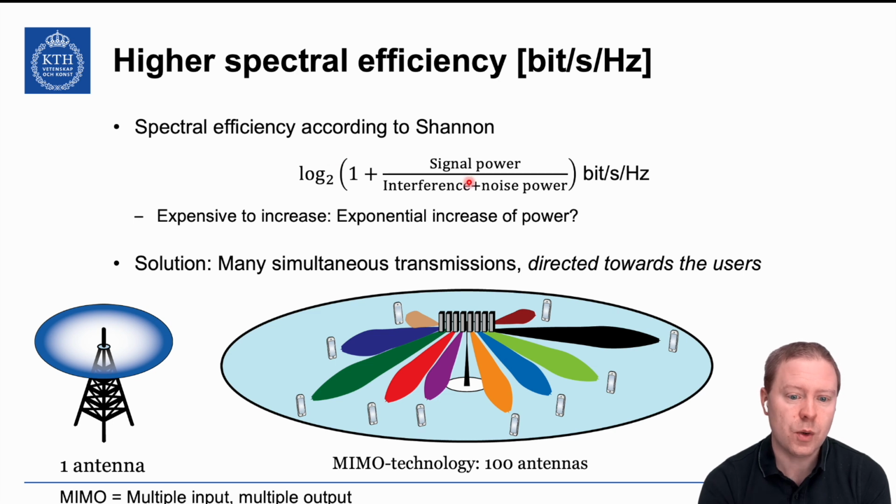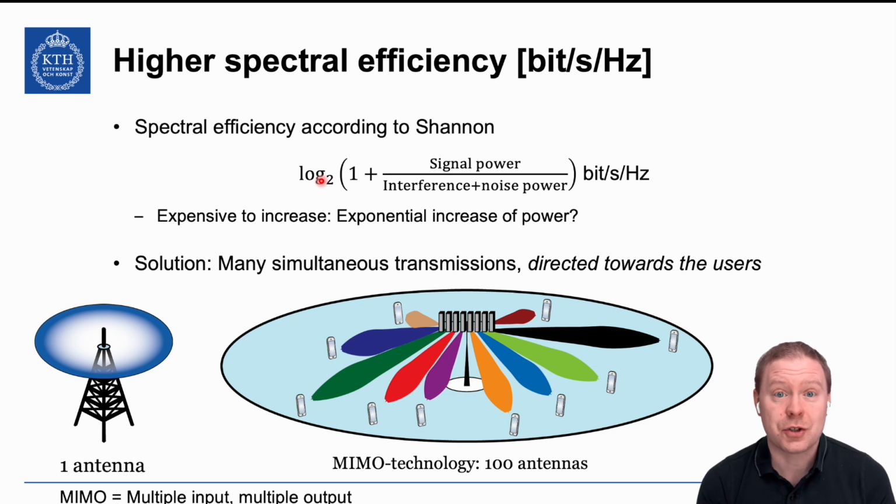When you have a low signal-to-noise ratio, then increasing it will almost give you a linear increase in the spectral efficiency here. But once you reach, say, 2, 3, 4 bits per second per hertz, then if you want to push it further, the logarithm will force you to exponentially increase the power of your signals in order to compensate for this logarithm.